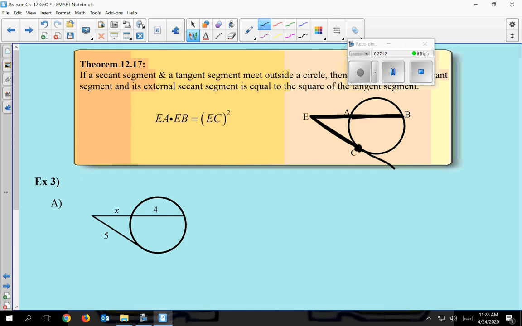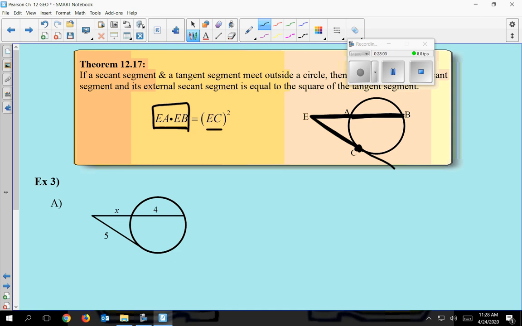Okay. So if you look at the formula here, I've got this secant segment, and I've got an outside part of it, and I've got the chord. And so what they're doing is they're taking exactly what we did in the last theorem, and they're doing the same thing.